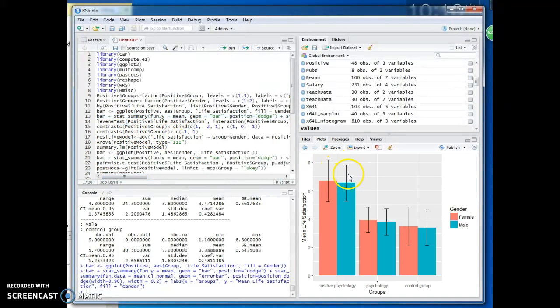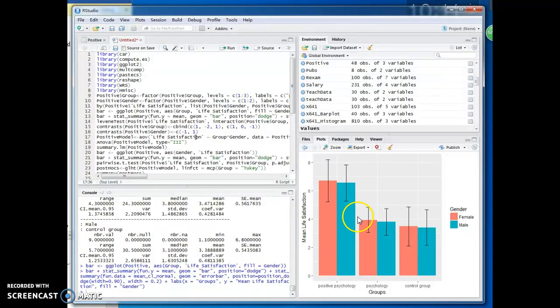So right here we can see this plot, and it gives us more information. As we can see, people in the positive psychology group score high on life satisfaction, and people in the psychology group and the control group have very similar scores on life satisfaction.